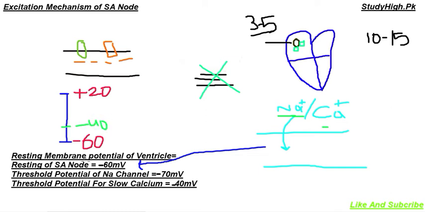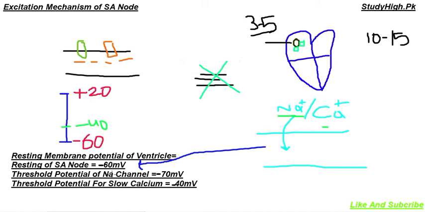First, the sodium channels are already in closed form. Why are fast sodium channels in closed form? As you know, the threshold potential for sodium channels is minus 70, and when it reaches minus 50 or minus 60, fast sodium channels will close.